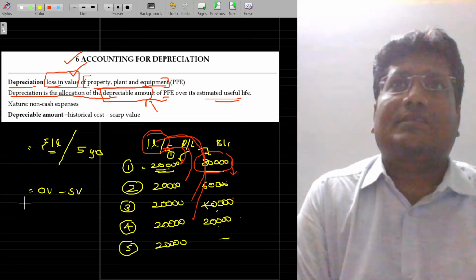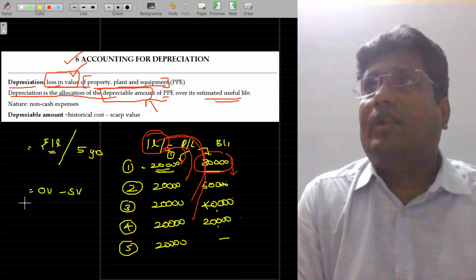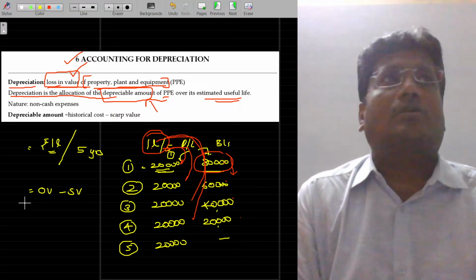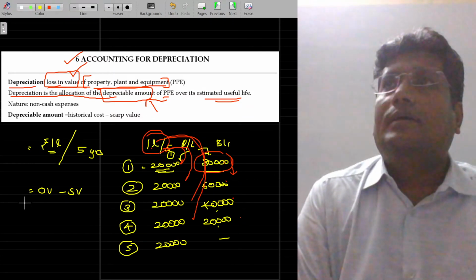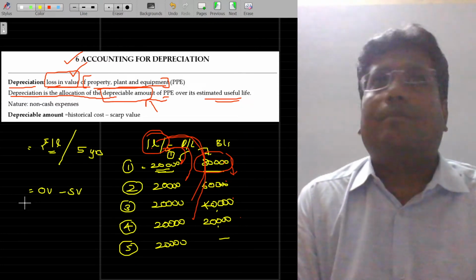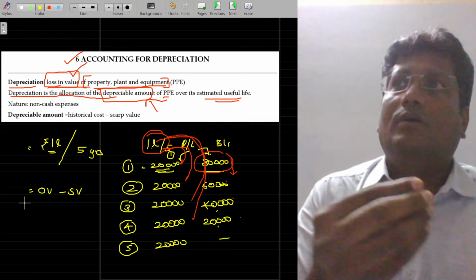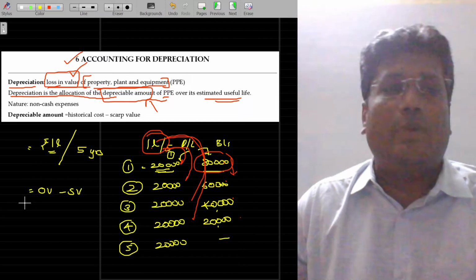It becomes useless, or though it may be useful, it may be costlier to use it. Then why would I want to use it? We will just discard that. If I plan to sell in the market, it may realize some money, around 10,000 or 20,000 rupees. That is called residual value or scrap value.